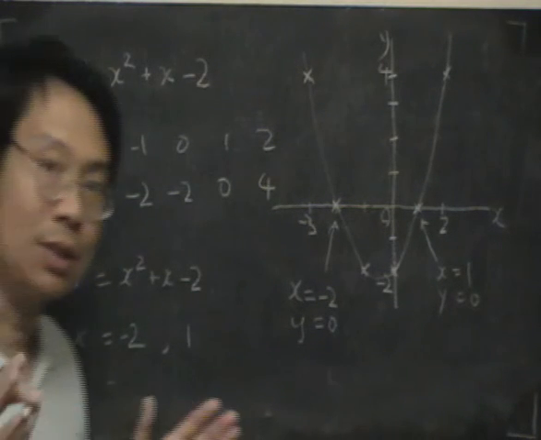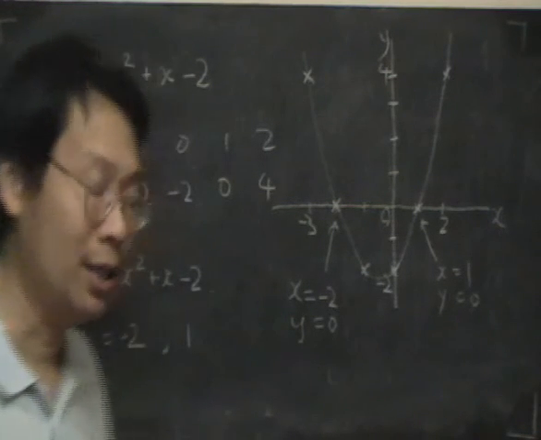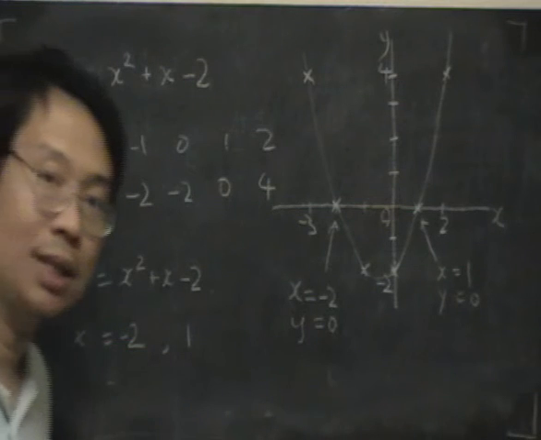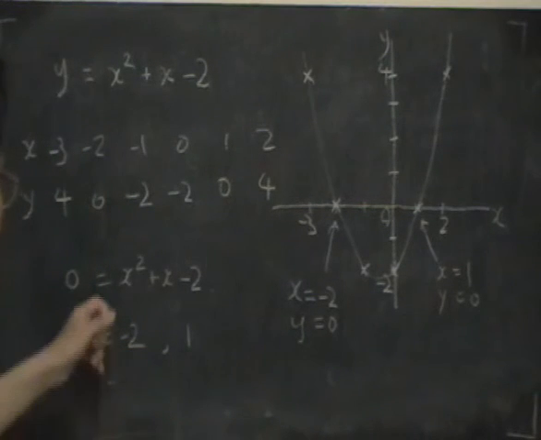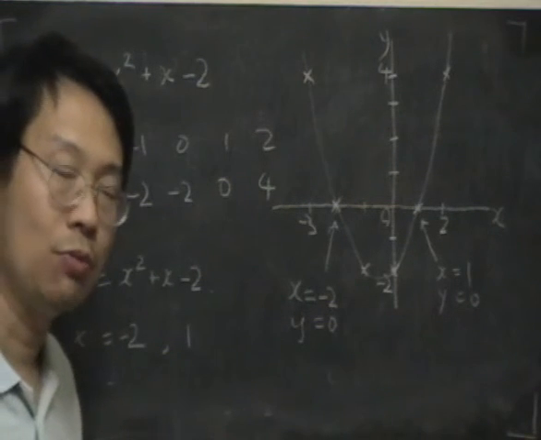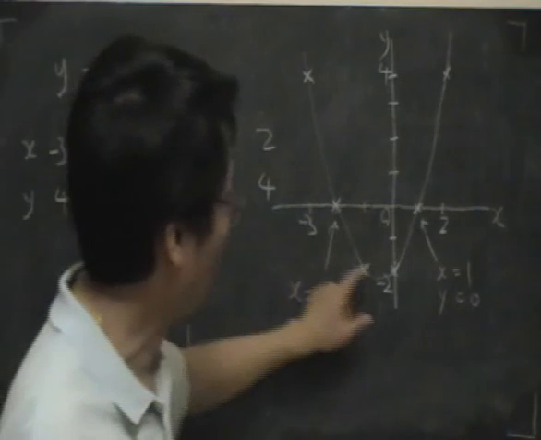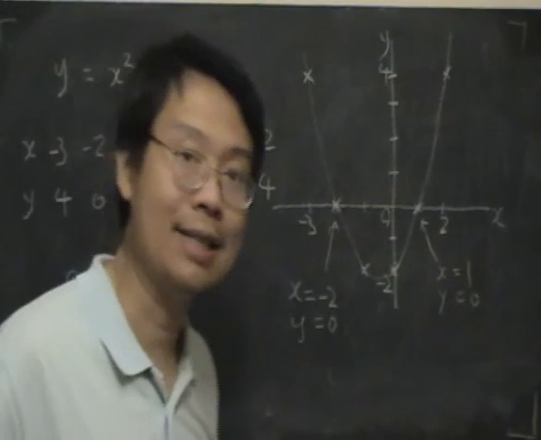So that gives us a very useful and simple way to find the answer to a quadratic equation. If you have this equation and you want to find the answer, one way is to plot the graph and find out where it cuts the x-axis.